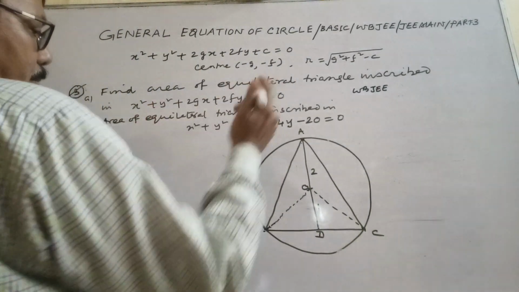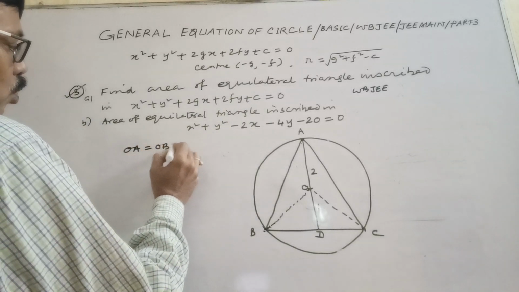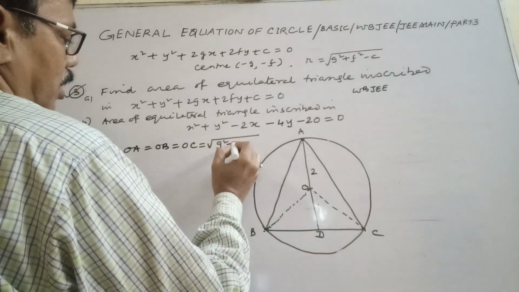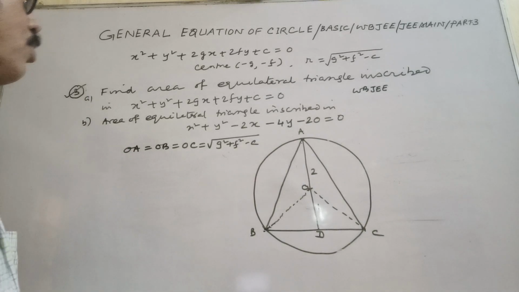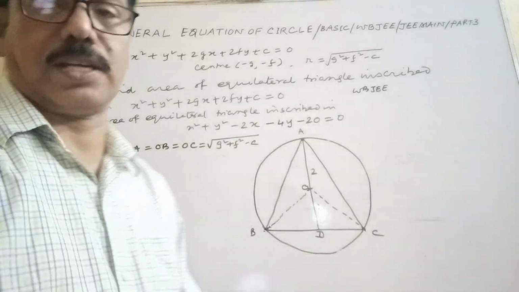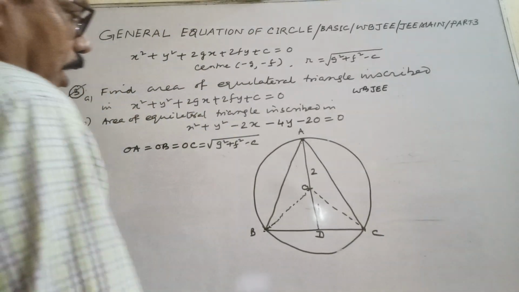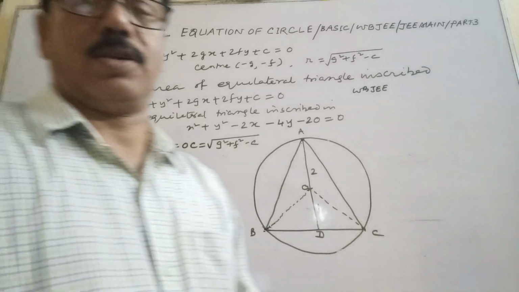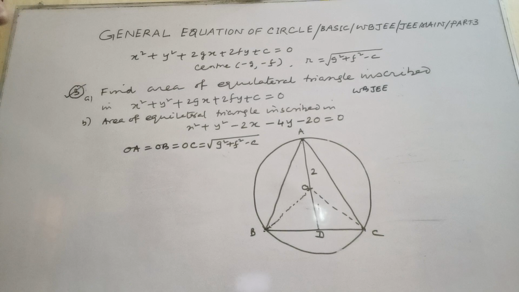Since the circle is given, we can find the radius. OA equals OB equals OC. This is the general equation of the circle, so we get root over g square plus f square minus c as the radius. Now to find the area of the equilateral triangle, we have to find the side, that is AB or BC or CA.